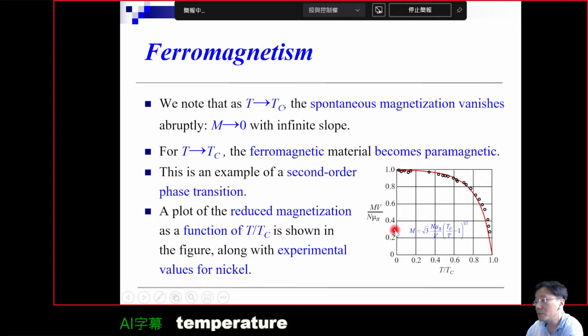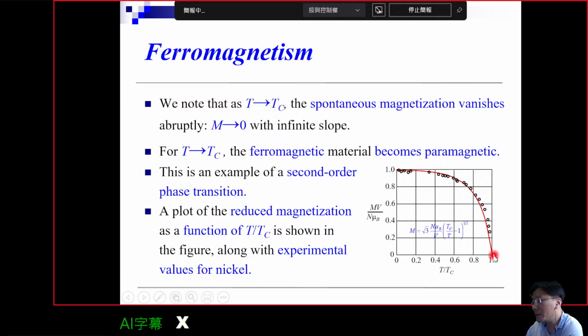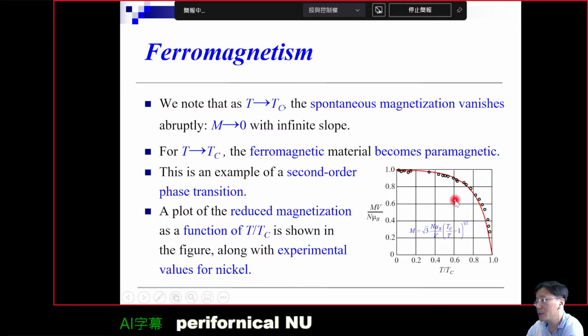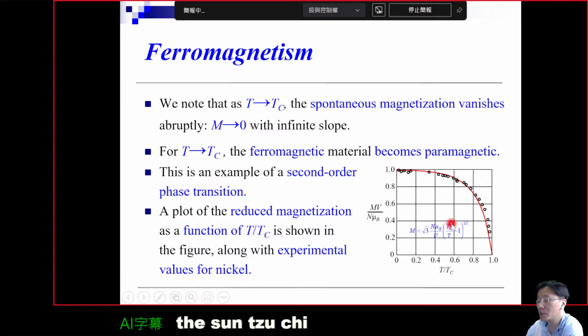Very low temperature means the temperature is below Tc. When T is above Tc, the value is larger than 1, and in that case, all the magnetic moment will be equal to 0. Shown here is the experimental value for nickel, and you will find the fitting is quite good for the experiments. By this way, we can use that to determine the Tc. And from the Tc, you can get the lambda value, which is the property of the compound.